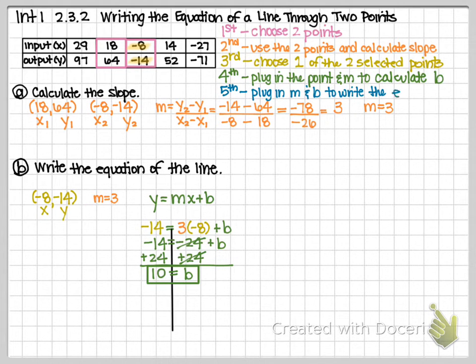Remember, at this point, we want the x and the y, those letters themselves, actually in the equation. So I'm going to say y equals mx plus b. Start with my basic.